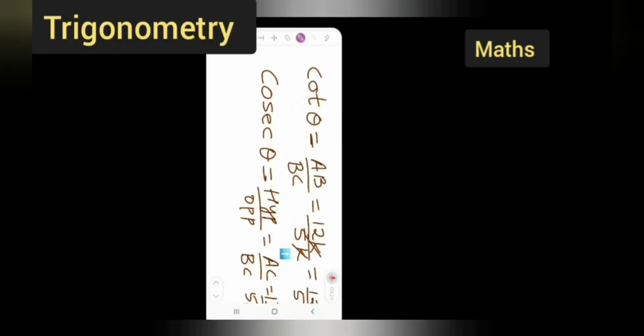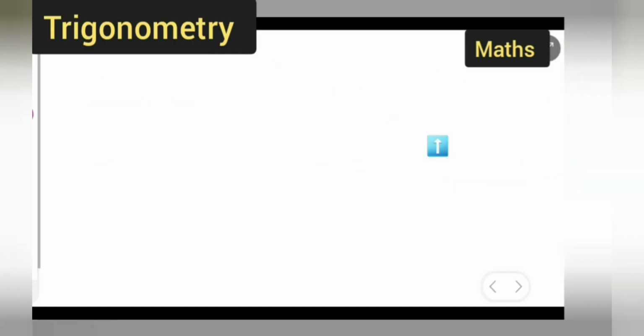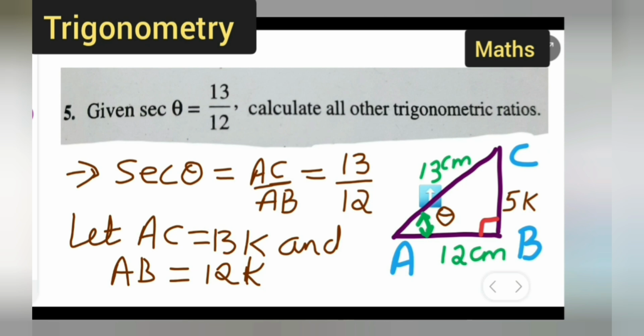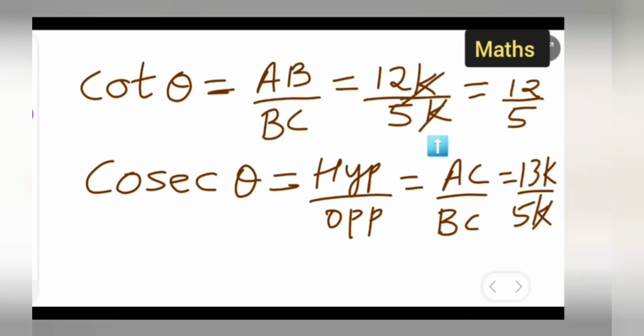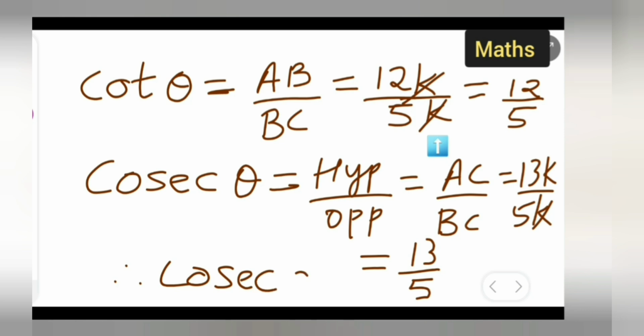The k will get cancelled, and the answer I am going to get is 13 upon 5. Therefore the cosec theta is 13 upon 5.